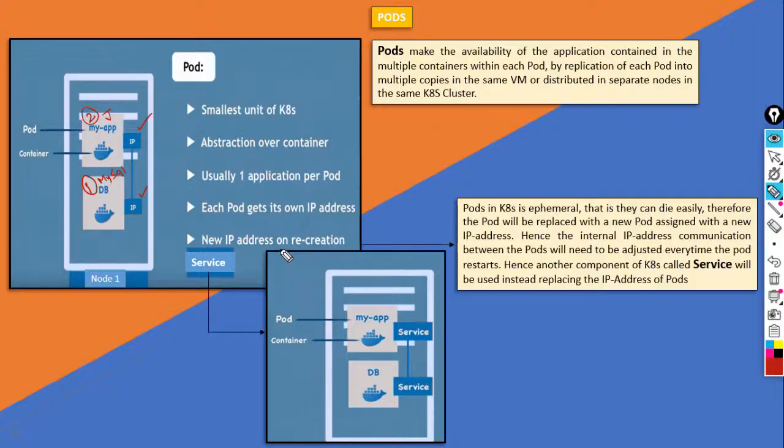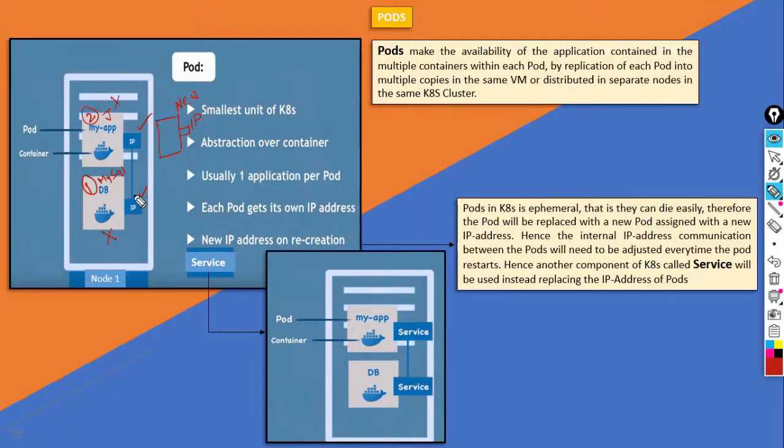Now, as you know, this pod can go down. So will you find this IP anymore? A new pod will be generated because there is a replication. A new pod will be generated by the scheduler based on the API server and the specification in the deployment file. So a new pod will be created, replacing this pod. But will this IP be replicated? IP cannot be replicated. A new IP will come into the picture.